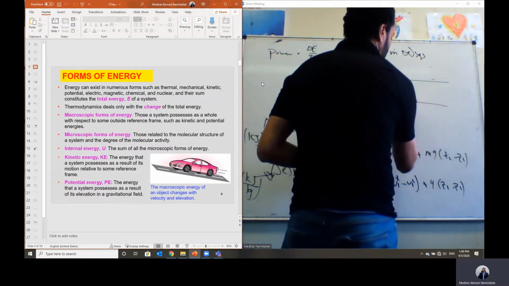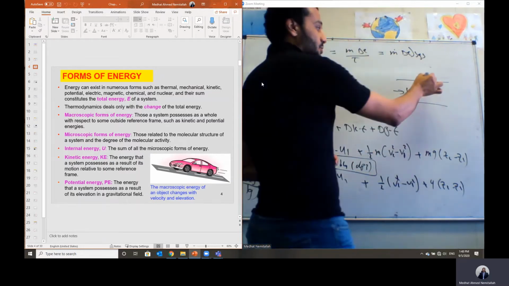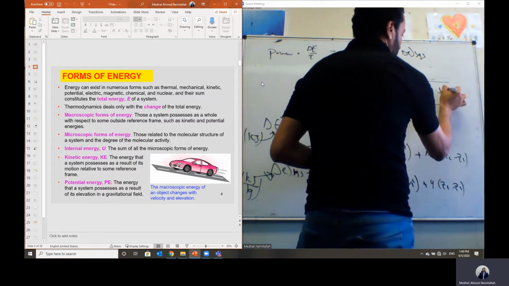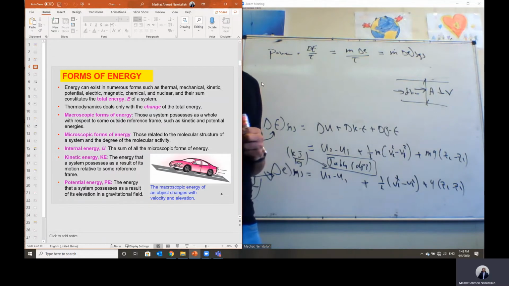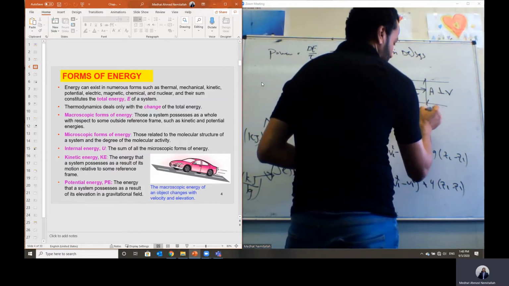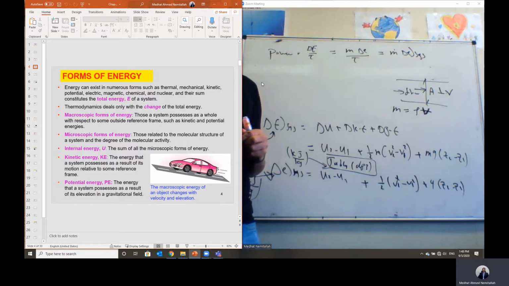If we have a flow inside a tube, this tube has a cross-sectional area which is normal to the velocity, the area normal to the flow direction. Mass is defined as the density multiplied by the volume.